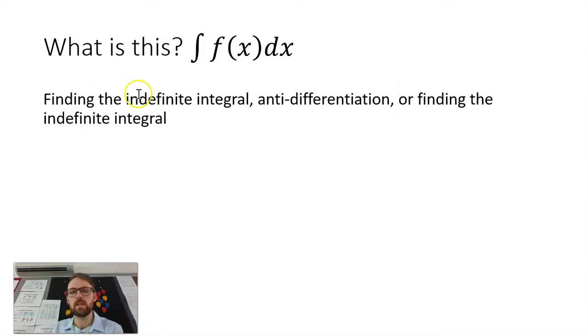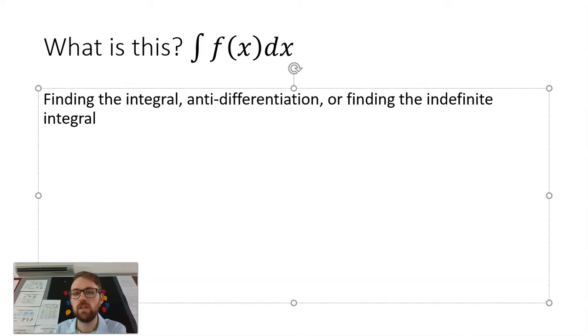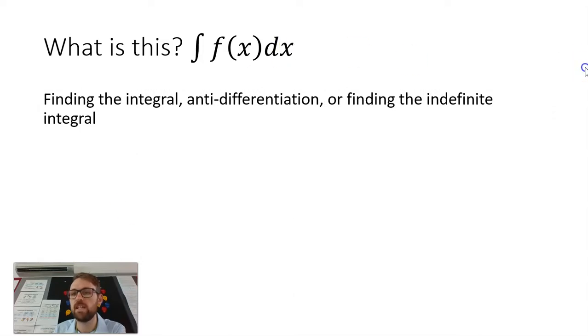So we call this finding the indefinite integral, anti-differentiation, finding the integral. Those things all mean the same, and it's all represented by this symbol. You have to put dx here if you're working with x's, like x squared or whatever. When we start looking at things like speed again and we're using t, this will be dt, but for now we'll work with the dx.